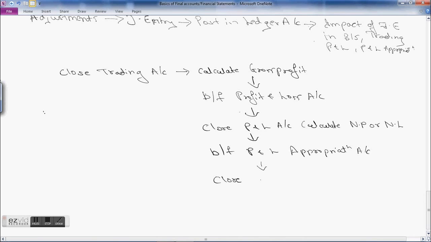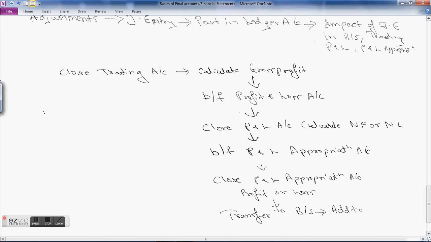Then again we need to close the P&L appropriation account, and whatever is the profit or loss from appropriation, we need to transfer it to the balance sheet. We need to add it to the capital account, or you may also say reserves and surplus.